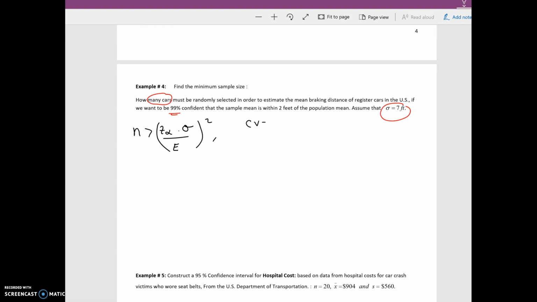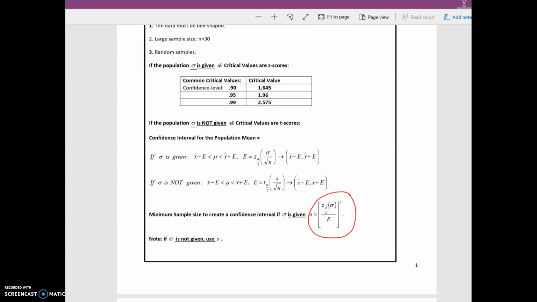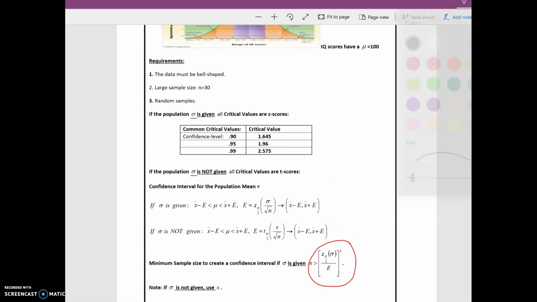Now the critical value, which is technically z of alpha, they are making a 99% confidence interval, and we have sigma. So this value is actually given on the table. In this case, sigma is given.